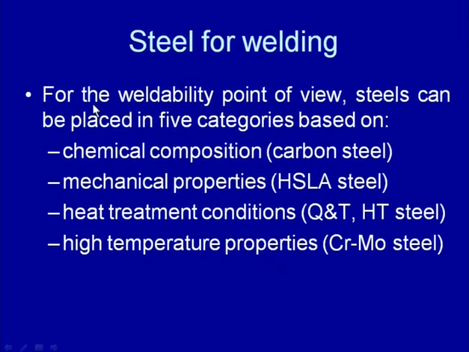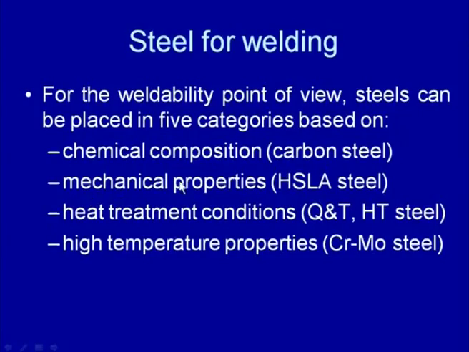From the weldability point of view, steel can be categorized in 5 different types, and this classification is based on composition. Here are the carbon steels, which can be low carbon steel, medium carbon steel and high carbon steel, in which there is no presence of other alloying elements to achieve a specific set of properties. So, this is one classification based on the chemical composition. Mainly we have carbon steels under this heading.